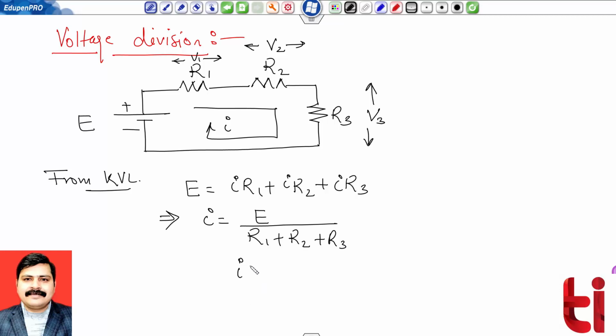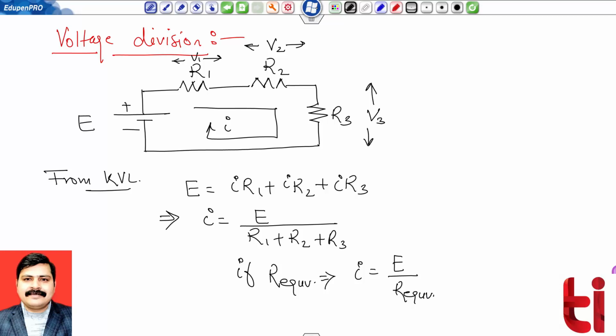If I say R equivalent is my equivalent series resistance, then the current I will be equal to E upon R equivalent.